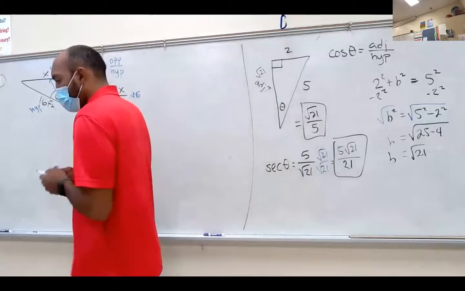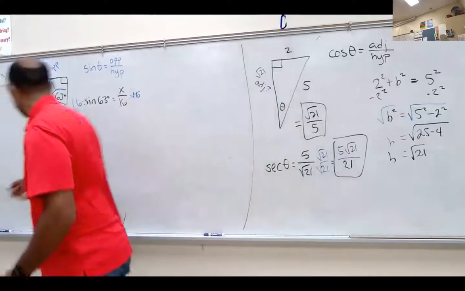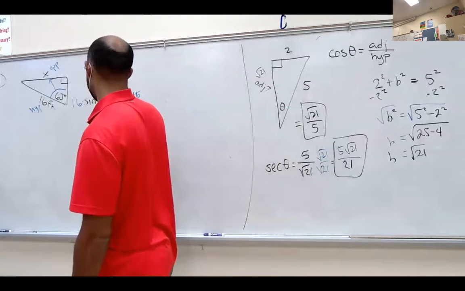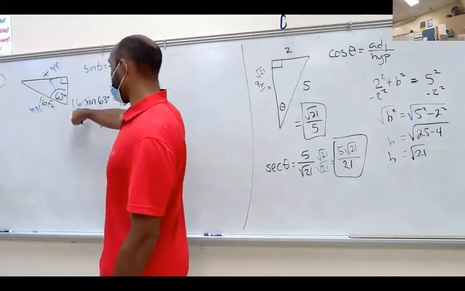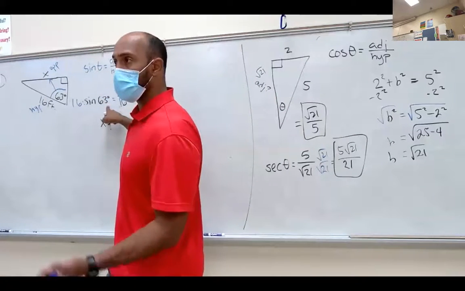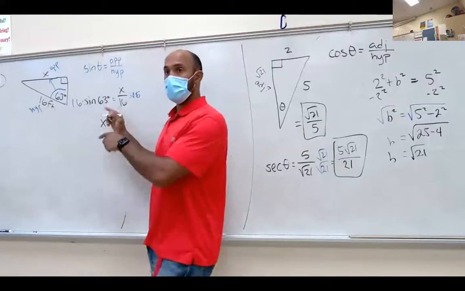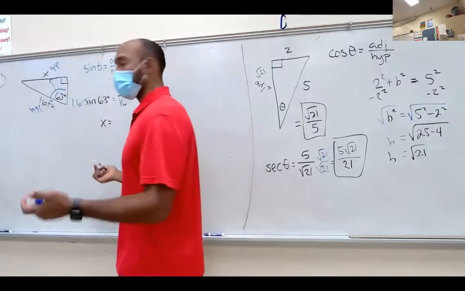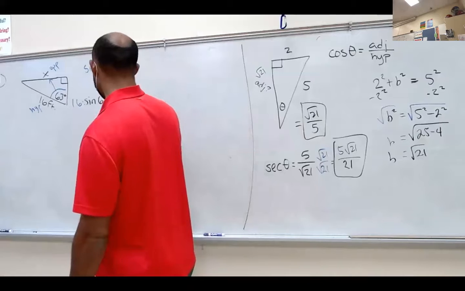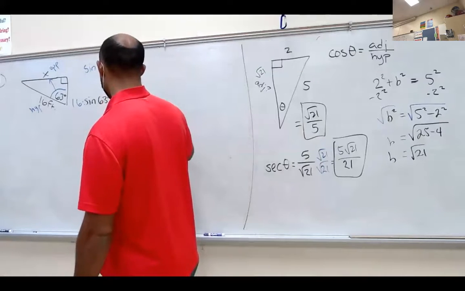And then it just depends on what it's asking for. It might say round to the nearest 10th or round to the nearest 100th. In this case, when I multiply 16 times sine of 63, which you can do in Desmos, just type it 16 SIN 63. It'll automatically recognize it. So 14.1 feet.